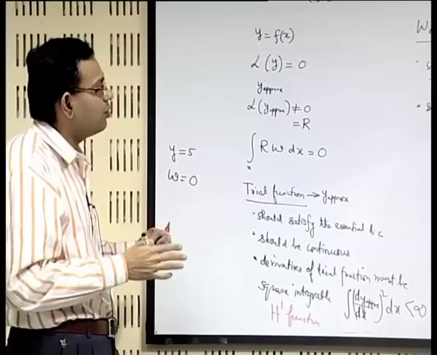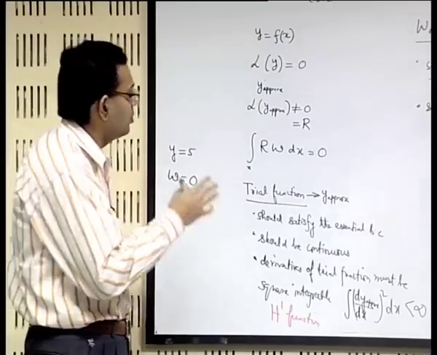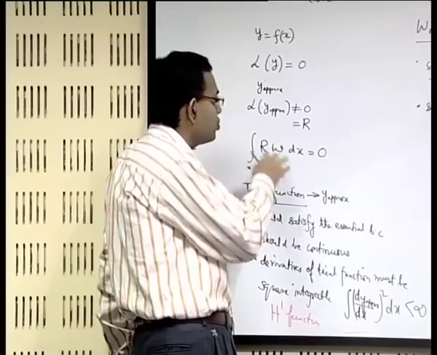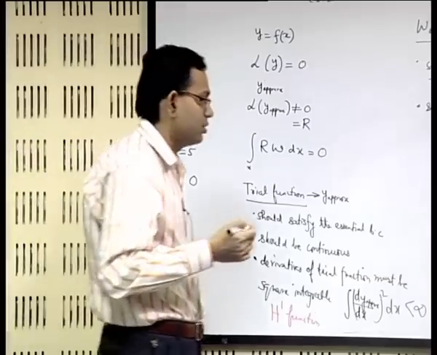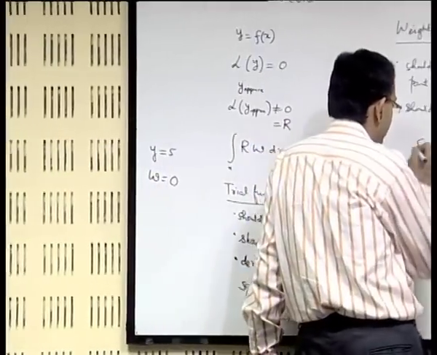Now, with this background, let us try to understand how differently you can choose the trial function and the weighting function based on some particular methods. So, some specific examples.